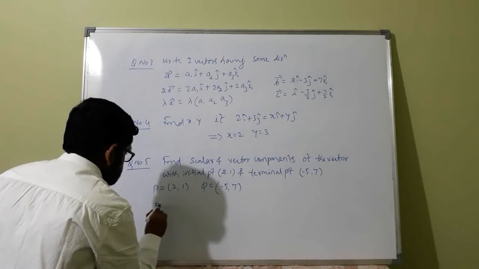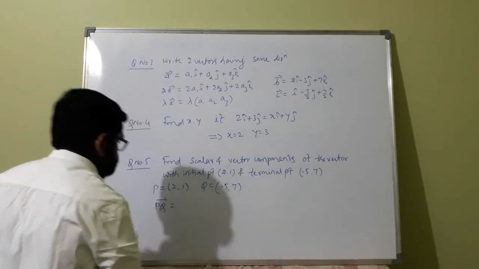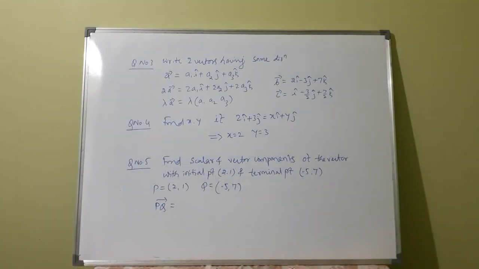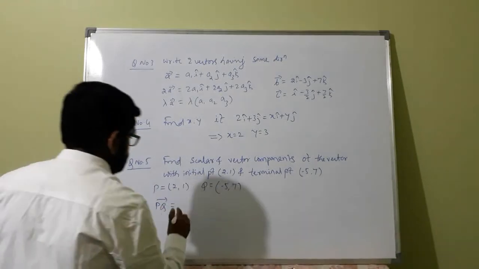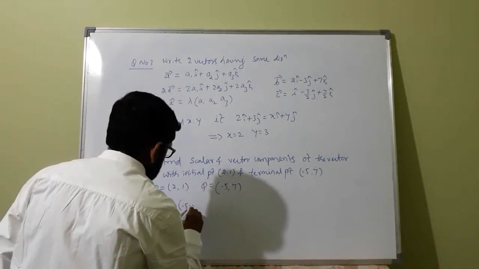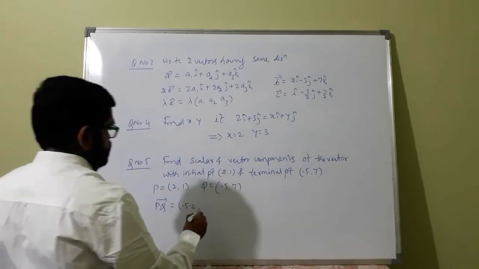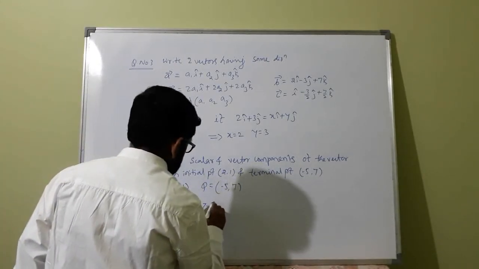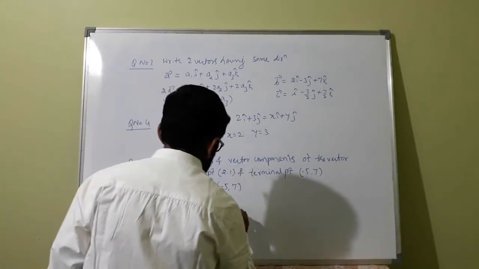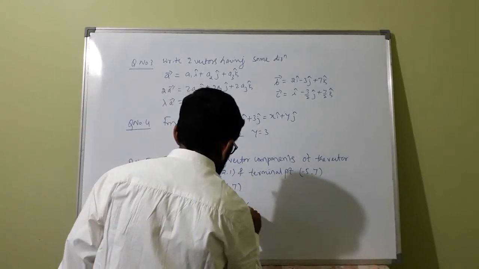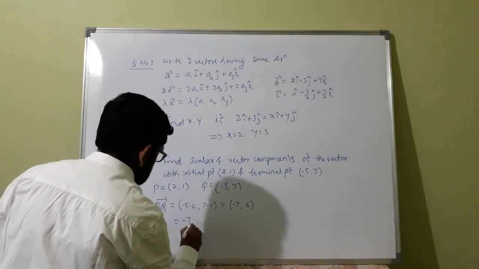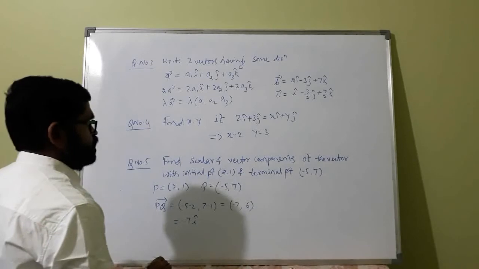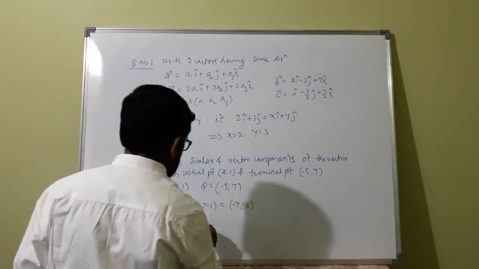Then the vector joining the two points pq is given by x2 minus x1, minus 5 minus 2, and y2 minus y1, that is minus 7 and 6. So this is minus 7i plus 6j.